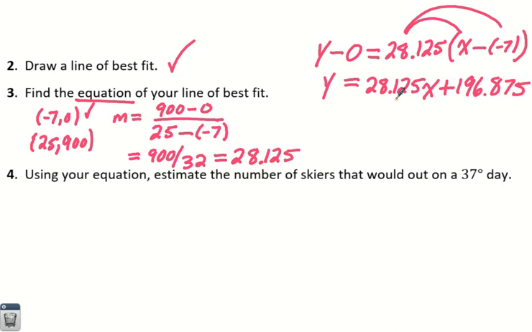Again, sometimes you're controlled by what you see in multiple choice. And then question 4: using your equation, estimate the number of skiers that would be out on a 37-degree day.